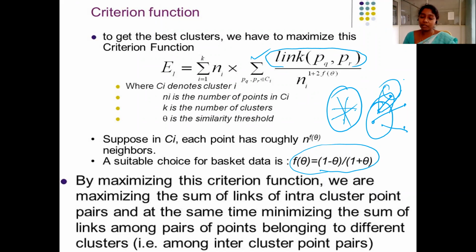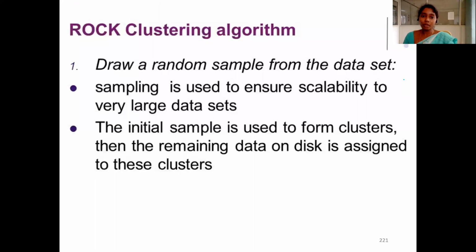F of theta is equal to (1 minus theta) by (1 plus theta). So coming to the briefing of the ROC clustering algorithm, first we need to draw a random sample from the dataset, and sampling is used to ensure scalability to very large datasets. Why scalability here? Why are we going to take the sample?